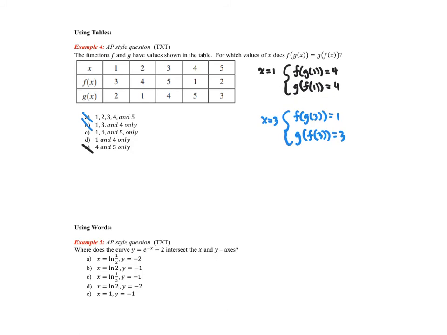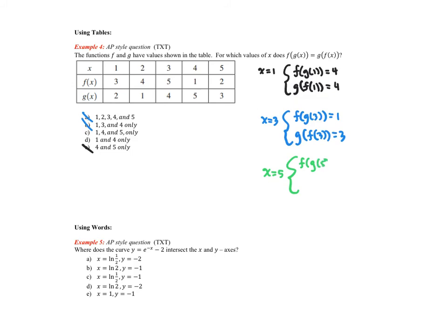Okay, now at this point, clearly I would choose 5. You could choose 4, but I wouldn't, because obviously you know 4 is going to work. So I work with 5. So x equals 5, and we go from there.